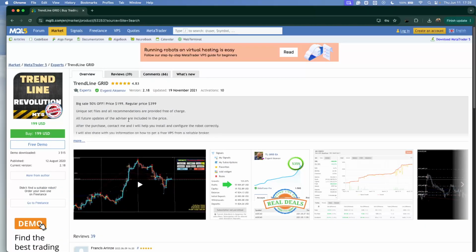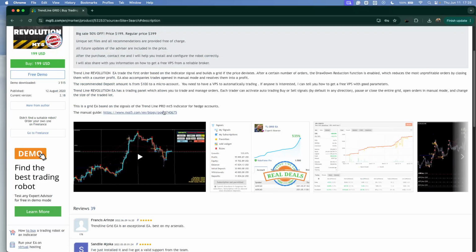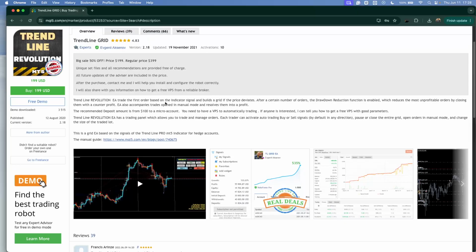Now, talking about the TrendLine Gold, according to the developer, this EA opens the first order based on the TrendLine Pro indicator signal. It actually has an indicator and it works based on an indicator, which is the TrendLine Pro indicator. Then if price moves against it, it builds a grid.